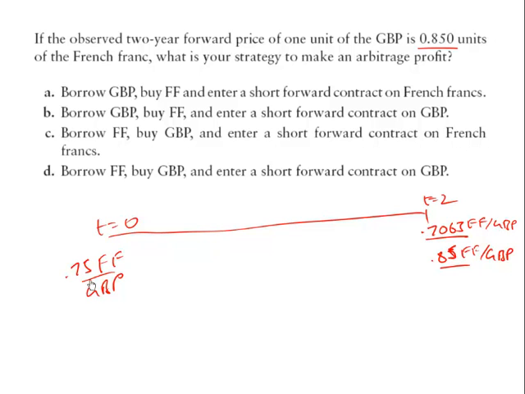So either the spot price of GBP is undervalued. That is, it shouldn't be 0.75, it should be 0.8 or 0.9, such that this 0.85 is justified. So either the spot is undervalued or the forward is overvalued. One of the two has to be true, because based on the current relationship, the forward comes out to be 0.7063.